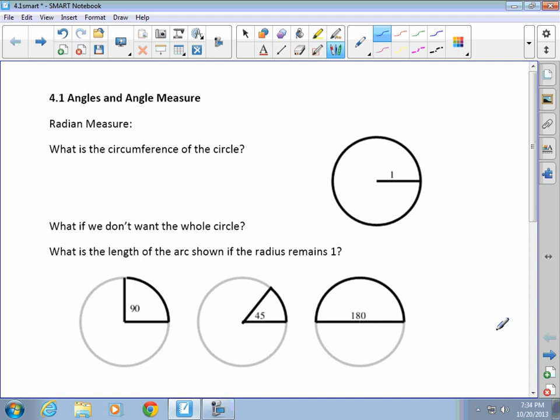So to start with, a radian measure, by definition in your textbook, says that one radian is a measure of the central angle subtended in a circle by an arc equal in length to the radius of the circle.